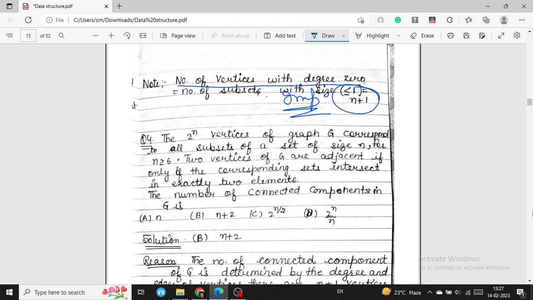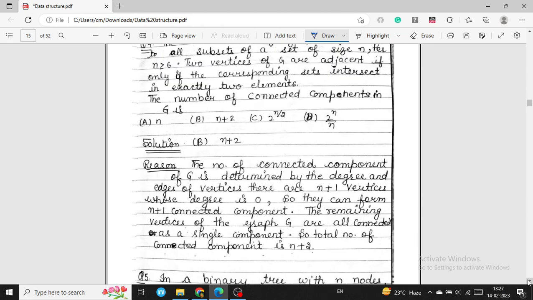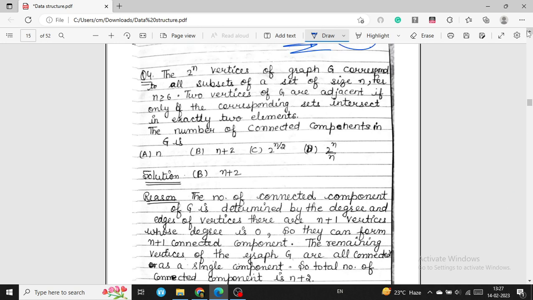Now the next question. We have given 2 raised to power n vertices of a graph which correspond to all subsets of a set of size n, where n is greater than or equal to 6. Two vertices of G are adjacent if and only if the corresponding sets intersect in exactly 2 elements.